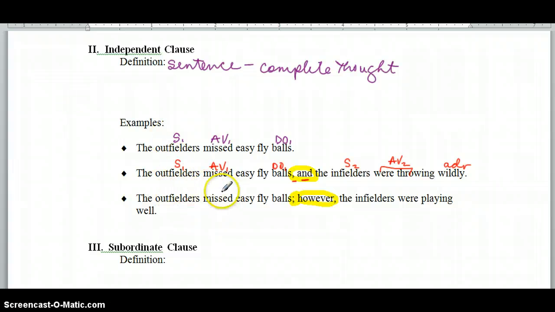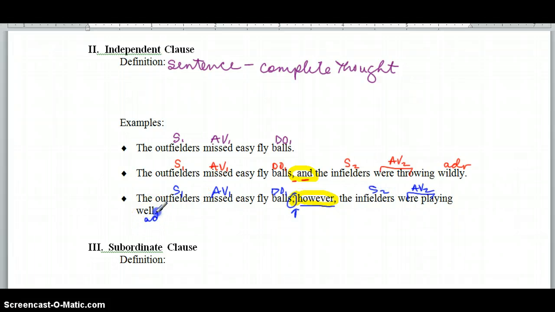In this last example, our outfielders are still missing fly balls. Notice a semicolon, however. However is not a coordinating conjunction. So you do need to use a semicolon or a period. You can't use a comma, however. That creates a run-on. And in this case, our infielders were playing well.